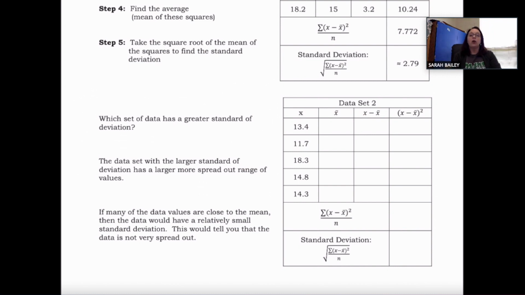Okay? So here's our second data set. There's all the data values listed out for us. Now we need to know the mean of this. This is the part where you need to have Desmos pulled up.